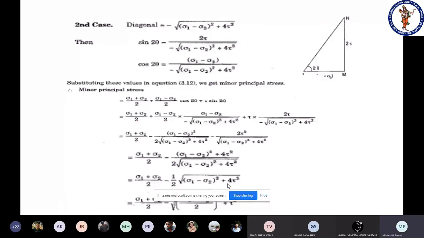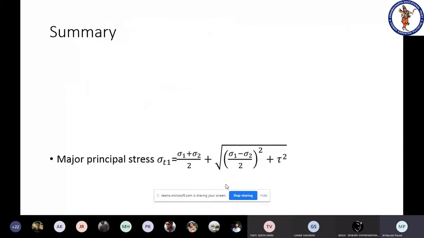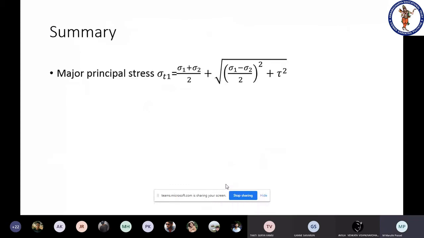So for getting these two values, we did the total derivation. We have spent at least 1.5 hours to get these two stresses. These two are called the major principal and minor principal stresses. So this is the summary. Here you just remember the notations.